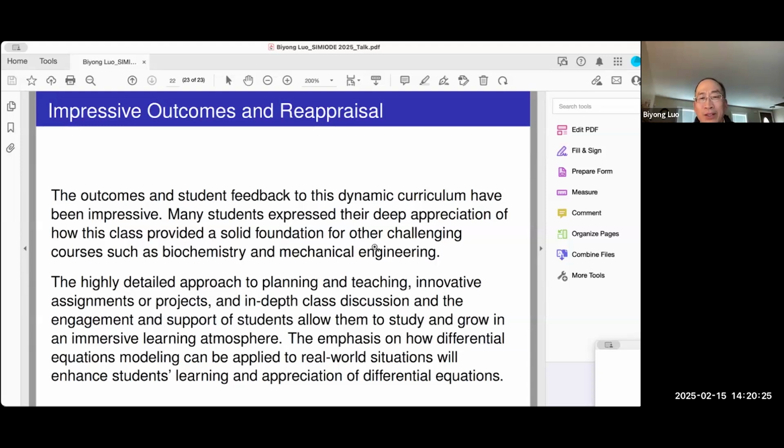They emphasize how differential equation modeling can be applied to real-world problems, enhancing students' learning and their appreciation of differential equations. So that's my talk today.